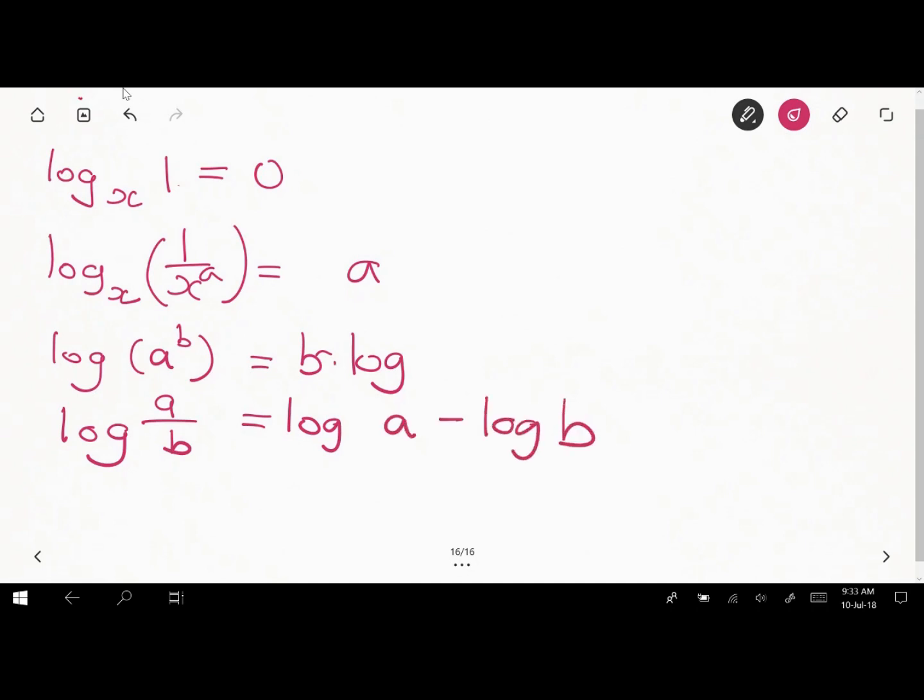And lastly we have log of a times b is equal to log a plus log b. These are the formulas that we need for the exponential and logarithmic laws.